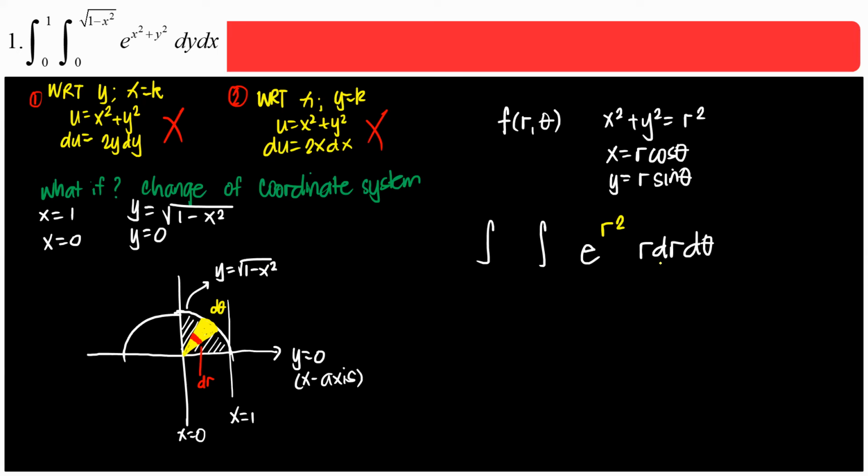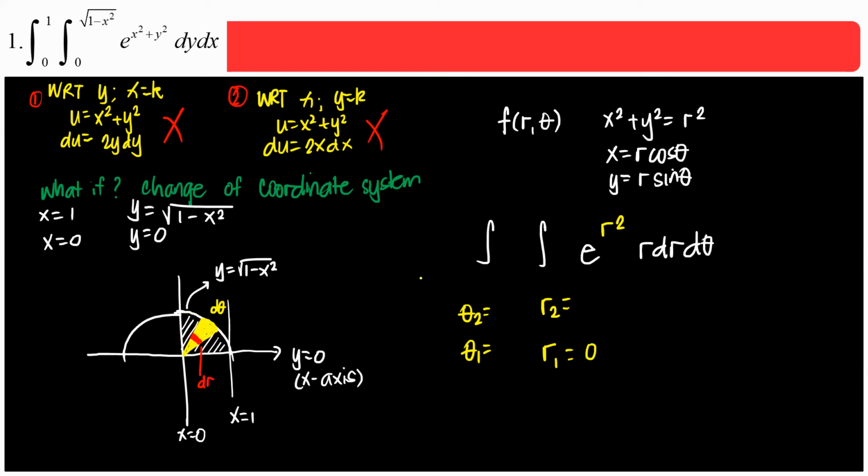And then look at the limits. It starts with r followed by theta, right? So let's look at r1 and r2, theta 1 and theta 2. The r1 starts from the inside, starts from 0 up until, isn't it that the radius of the circle is always equal to 1?